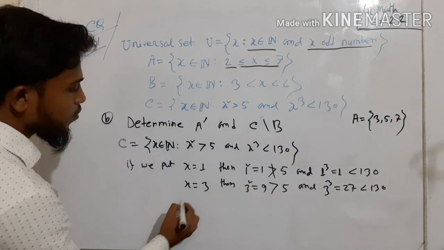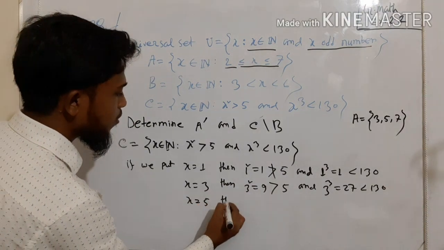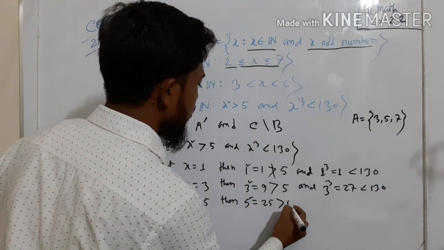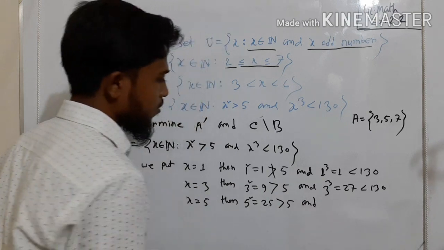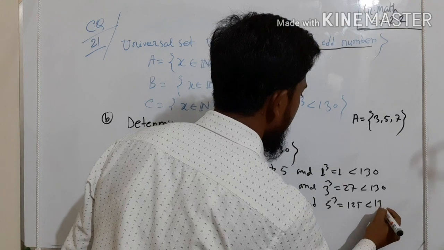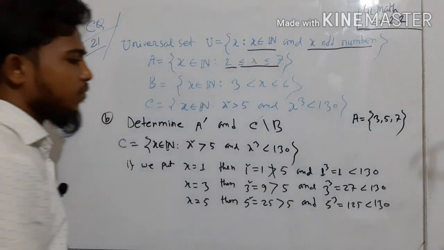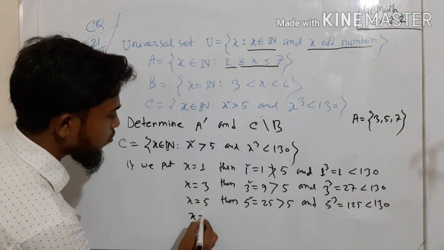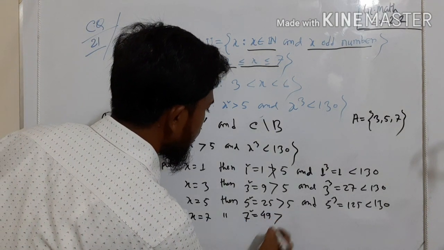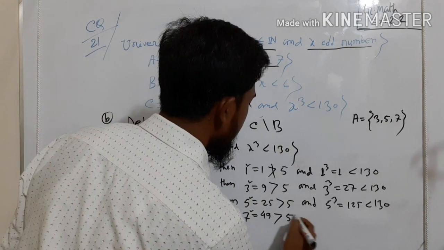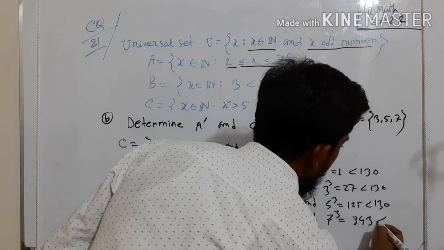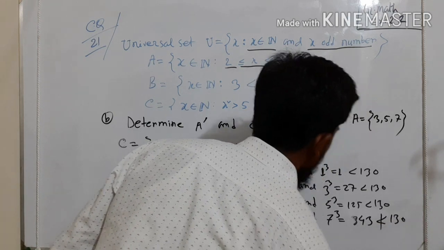If we put x equal to 5, then 5 square equal to 25 is greater than 5, and 5 cube equal to 125 is less than 130. If we put x equal to 7, then 7 square equal to 49 is greater than 5, and 343 is not less than 130.